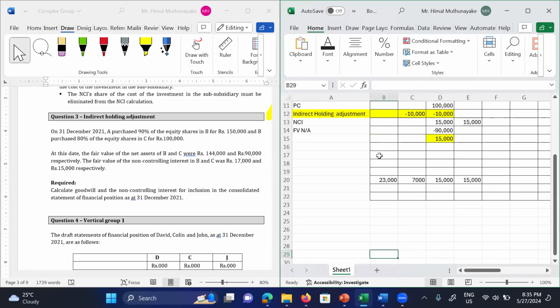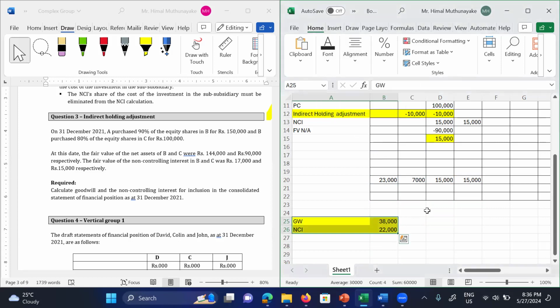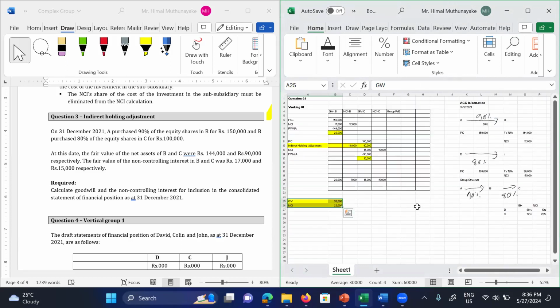So the final balances in the consolidated statement of financial position: goodwill would be 23,000 plus 15,000, 38,000, and the NCI balance would be 7,000 plus 15,000, 22,000. So this is the answer.